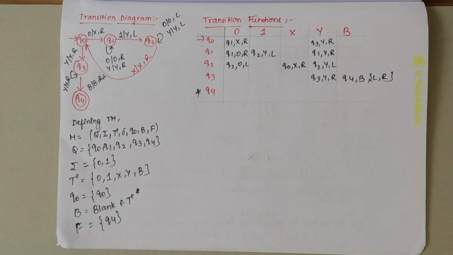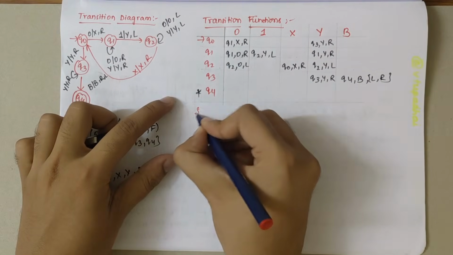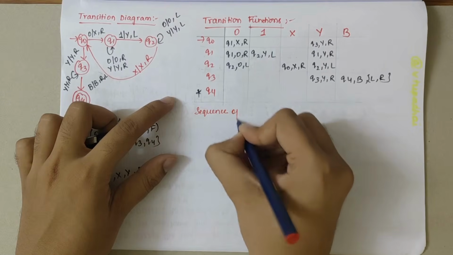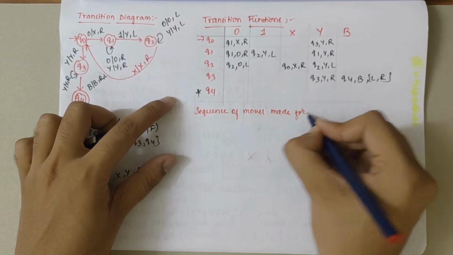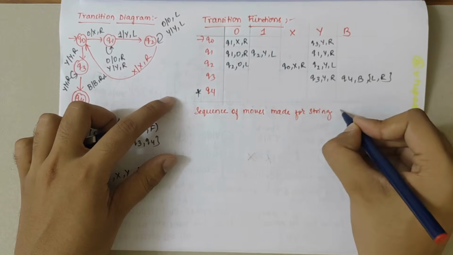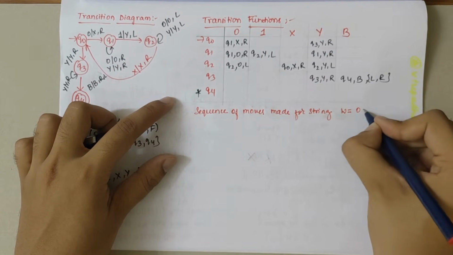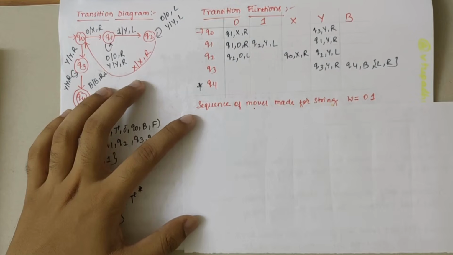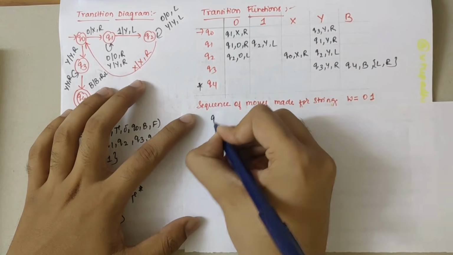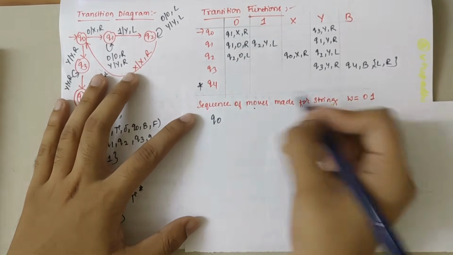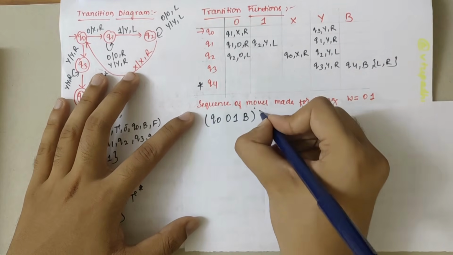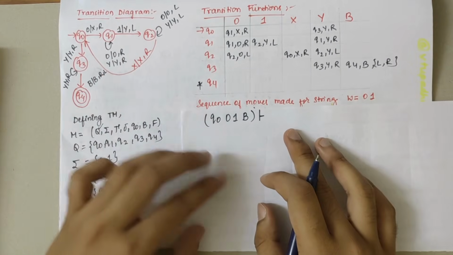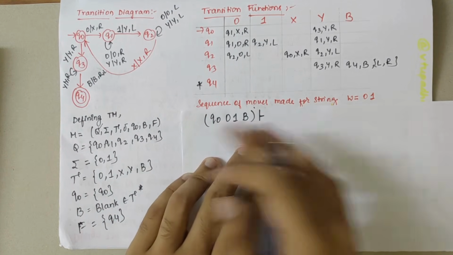My next step, I'll show you the sequence of moves made for a string. Let me consider a string w equal to 01. Firstly, I'll write the start symbol Q0 and the string 0 1 followed by B, that is blank, and I should do the instantaneous description in order to show the sequence of moves made.